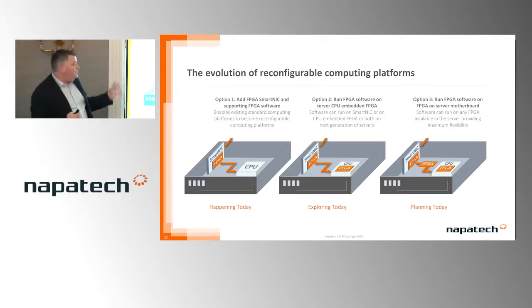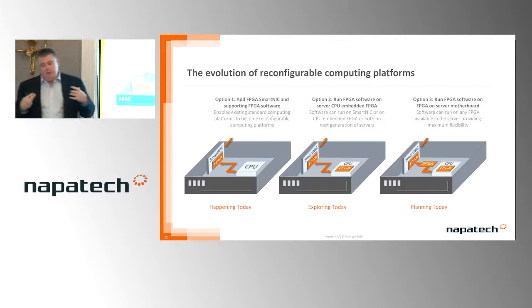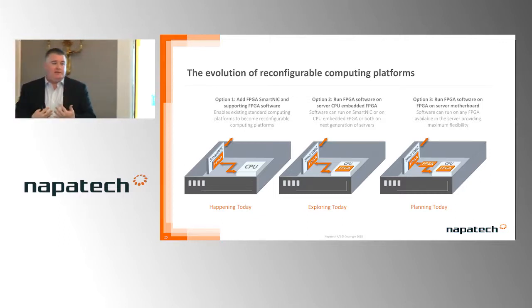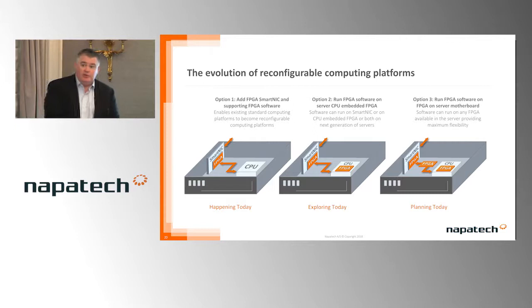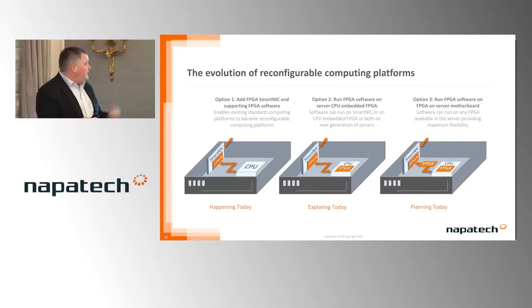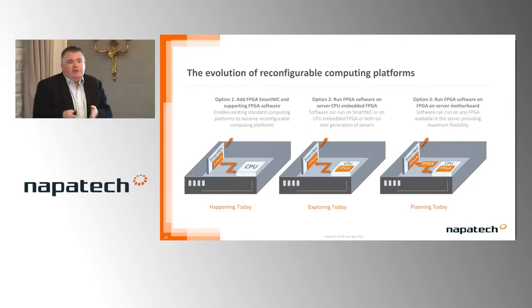As we move forward, you're going to see the FPGA technology starting to get embedded in some of the CPUs. We've already explored an Intel solution, as a matter of fact, where you combine the CPU and the FPGA in one chip package and see what you can do there. And you're also going to see them turning up on the motherboards in the servers, so they're going to be an integrated part of the servers.